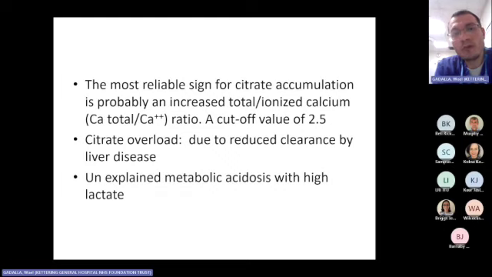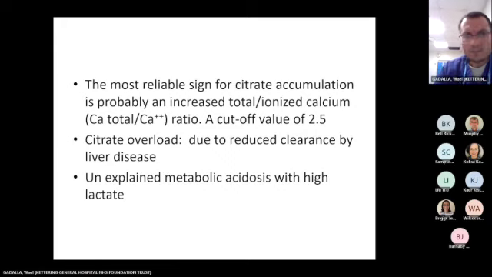More than 2.5 means that there is some citrate accumulating in the body, and as we said, it is due to reduced clearance by the liver. So if you find unexplained metabolic acidosis in a patient on CRRT and citrate, check for citrate toxicity.